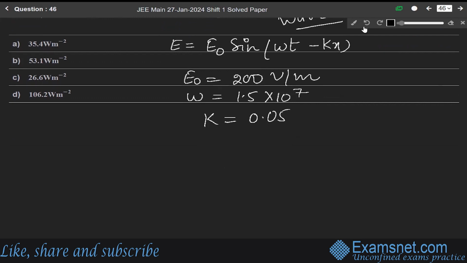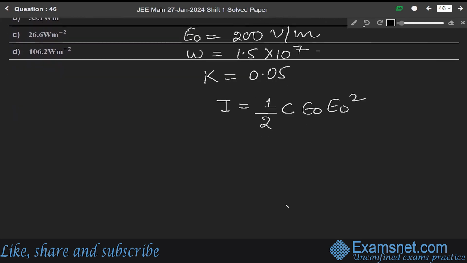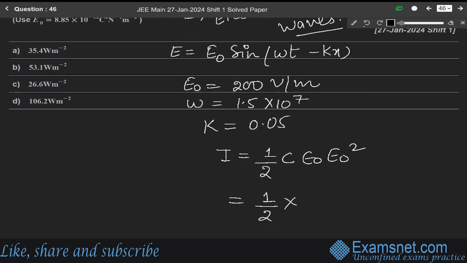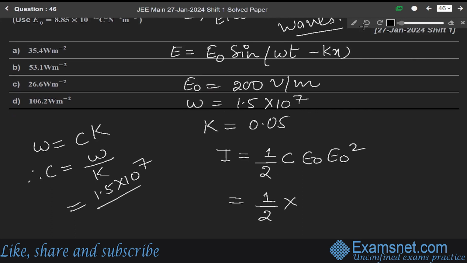So the formula for the intensity of the wave is equal to 1 by 2 C epsilon naught E naught square. Since omega equals Ck, therefore C will be equal to omega by k. So omega value 1.5 into 10 to the power 7 over k is 0.05.